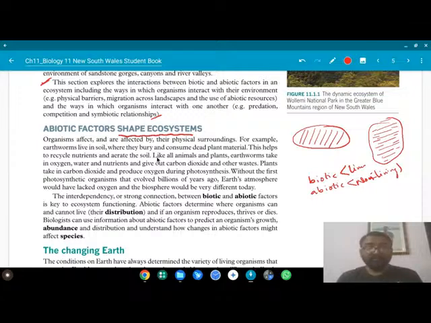Like all animals and plants, earthworms take in oxygen, water and nutrients, and give out carbon dioxide. In other ways, plants take in carbon dioxide and produce oxygen during photosynthesis. Since the first photosynthesizing organisms evolved billions of years ago, Earth's atmosphere would have lacked oxygen, and the abiotic would be very different today.